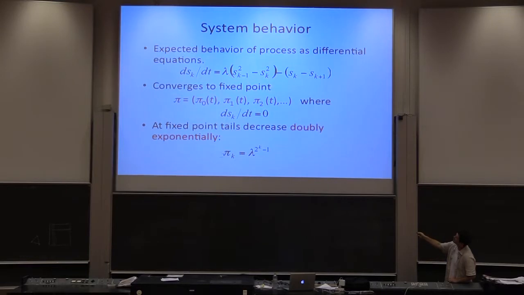Because then also lambda times s_k squared will equal s_{k+1}. So as long as I can get this term to equal this term, and similarly the lambda times the s_k squared term to equal the lambda times the s_{k+1} term, inductively, as long as I have s_k as lambda times s_{k-1} squared, each of these expressions is going to be 0. So that gives me inductively that at the fixed point, the tails decrease doubly exponentially. Pi_k is going to be lambda to the 2^k minus 1 power.